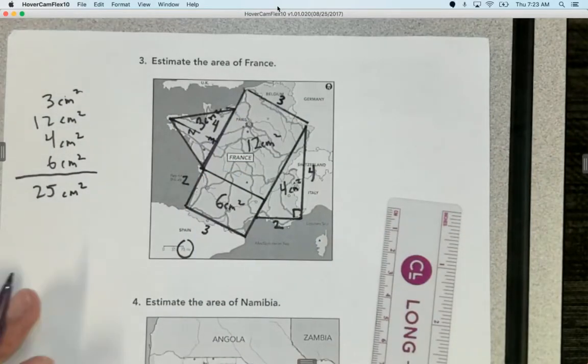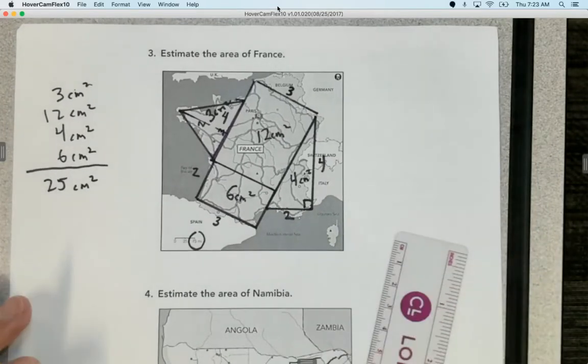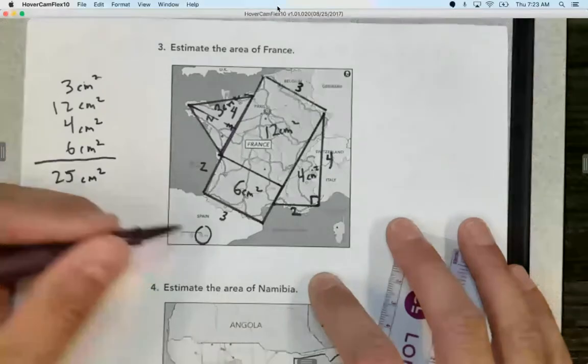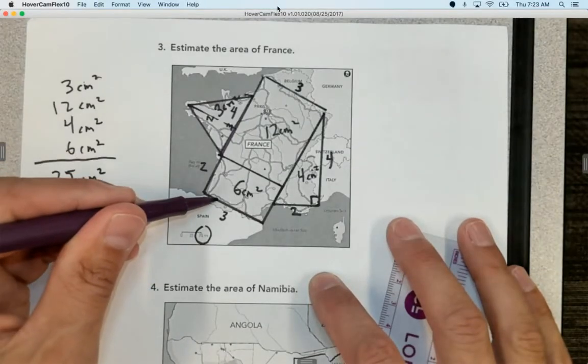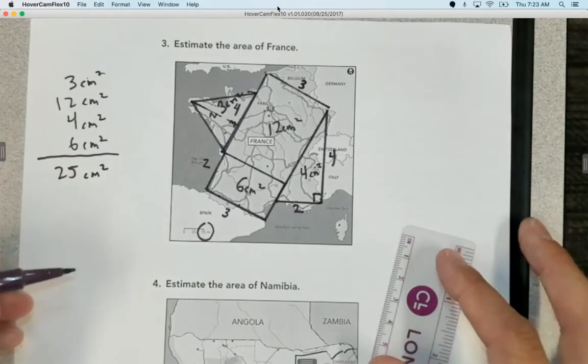Then the next thing, which would be super tricky, but if I'm going this way and this is 75, another 75, another 75, I could multiply each of these by 75.